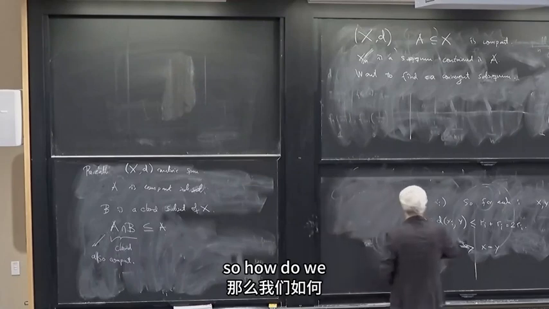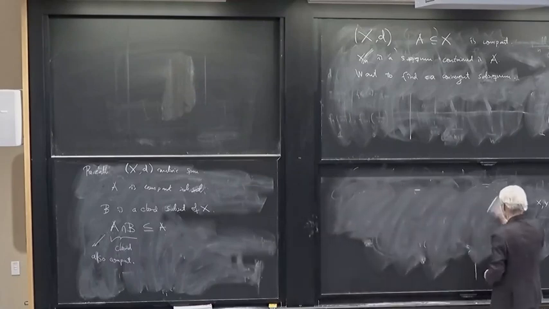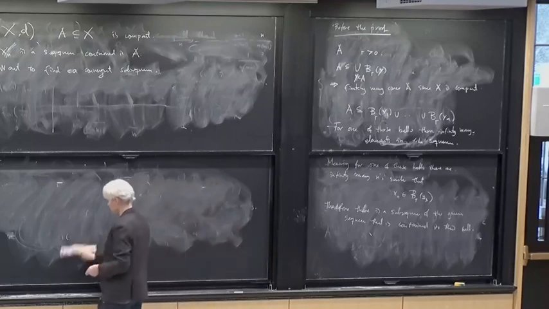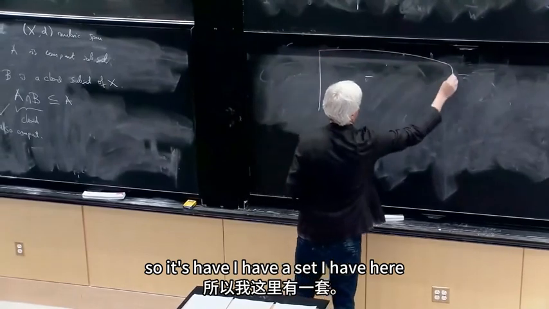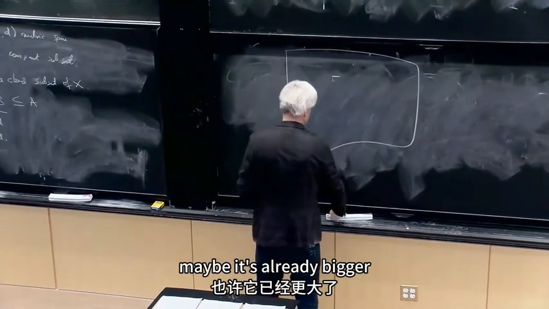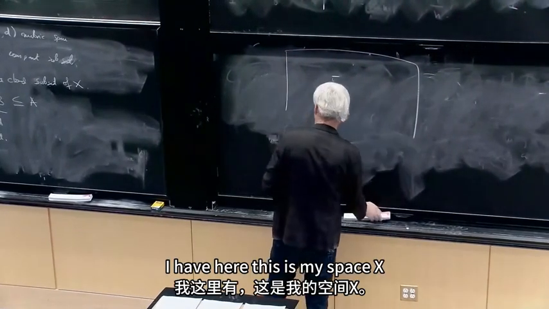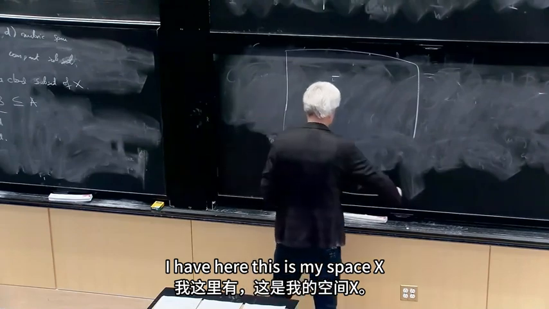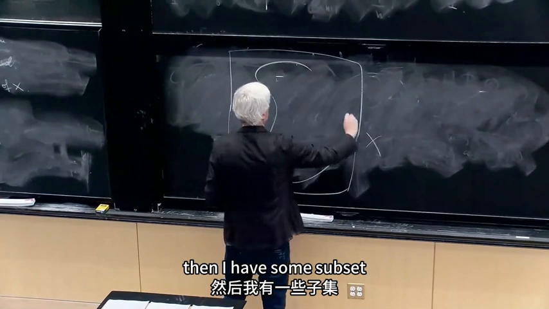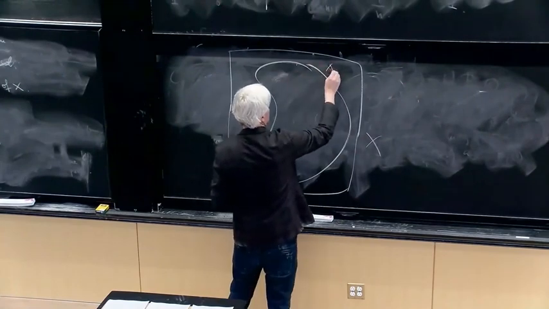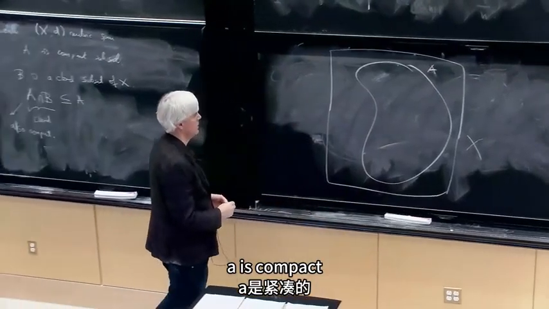So how do we now repeat this? So I have a set. Maybe I should draw it even bigger. This here is my space X. Then I have some subset. This here is A. A is compact.